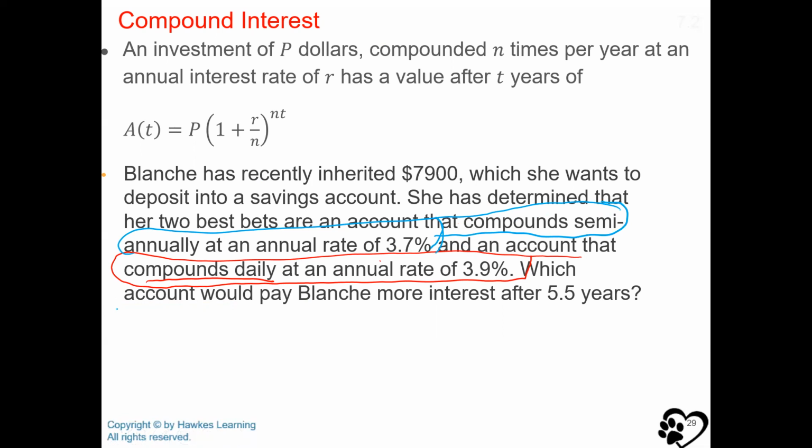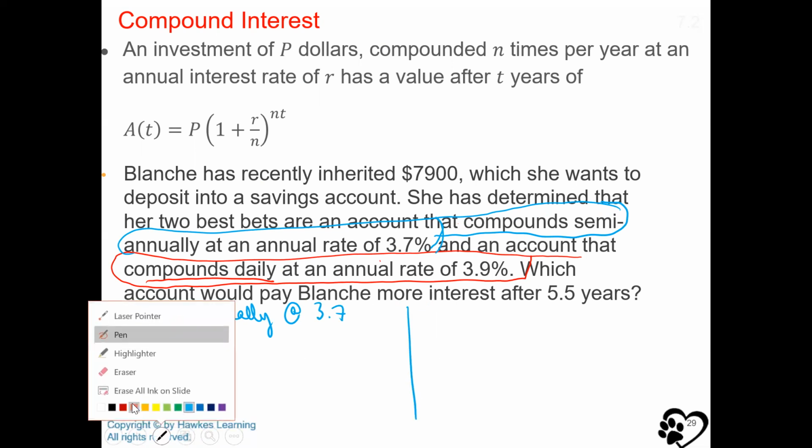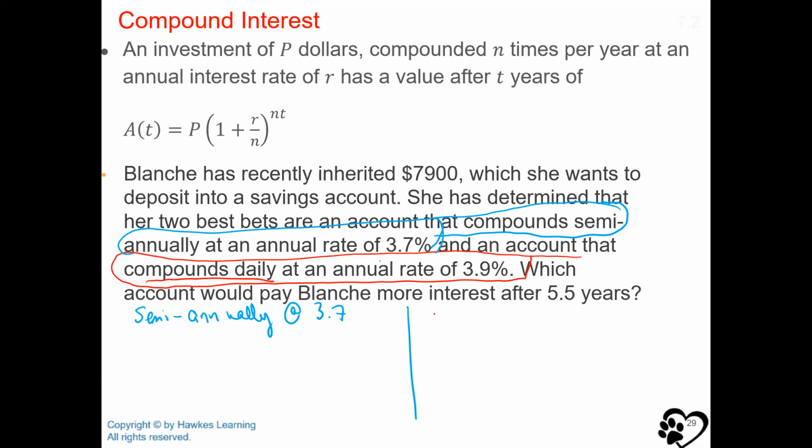Okay, so semi-annually at 3.7. And the other one compounds daily at 3.9. Oh, and it's asking which account would pay more after 5.5 years.